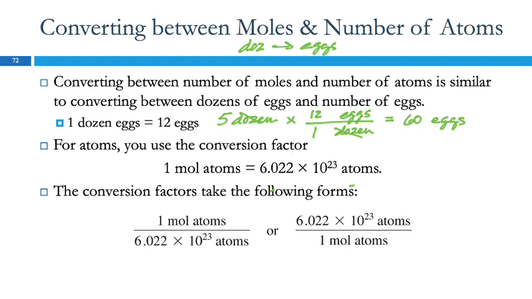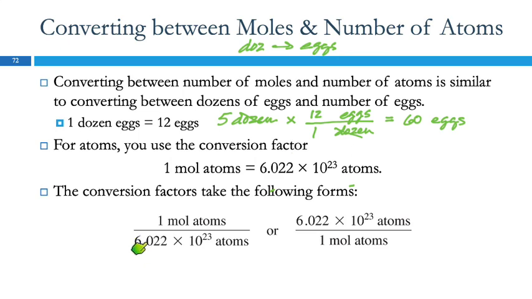Do the same thing using the chemist's dozen with Avogadro's number instead of 12. So 1 mole is equal to 6.022 times 10 to the 23rd atoms. We can make a conversion factor using this relationship.